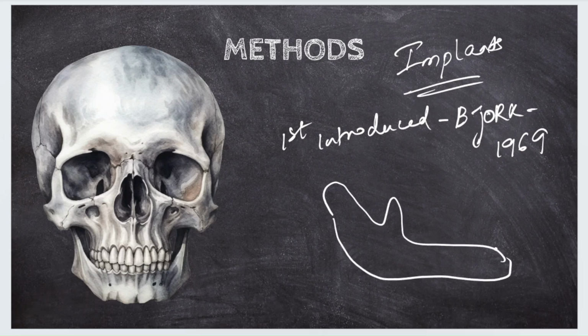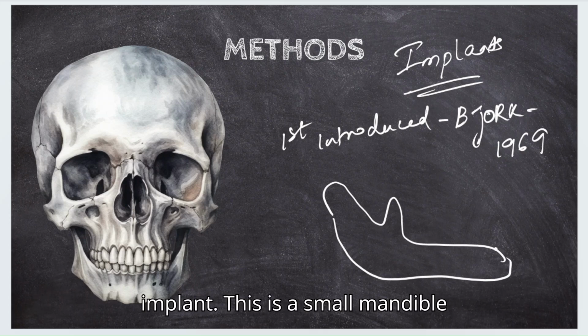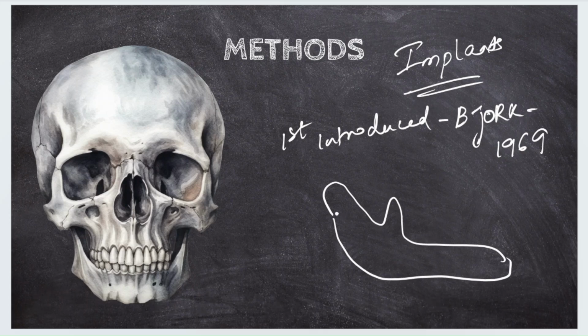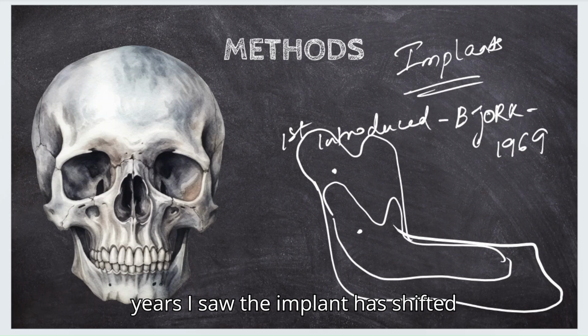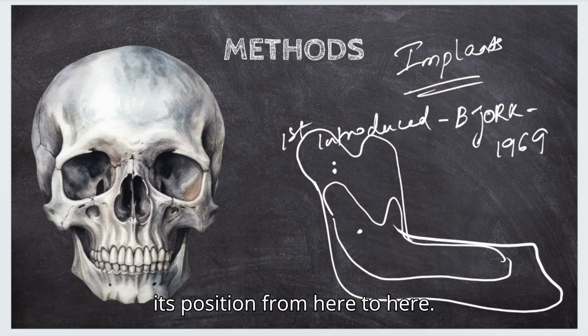This is an implant. This is a small mandible, and then the mandible grows. This one is the adult mandible. If I put an implant here, later after a few years I see the implant has shifted its position from here to here.